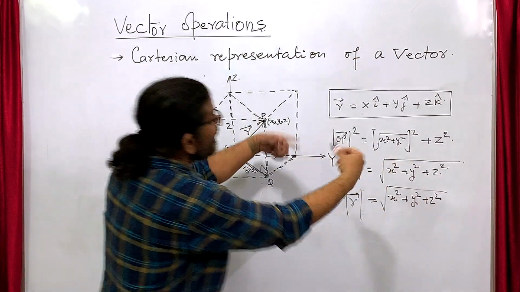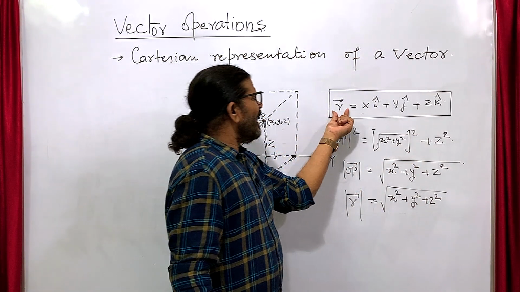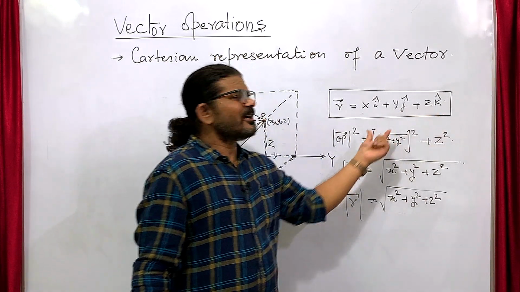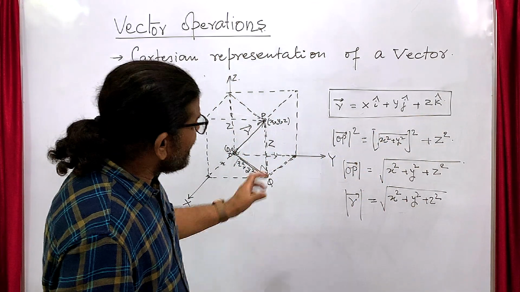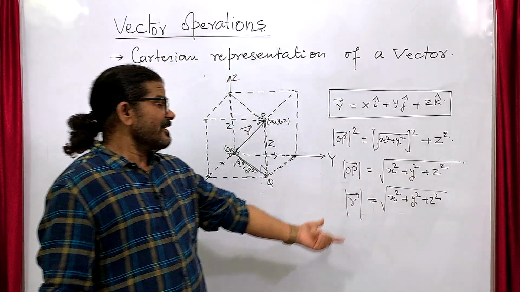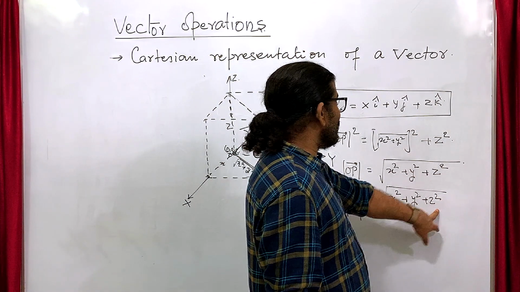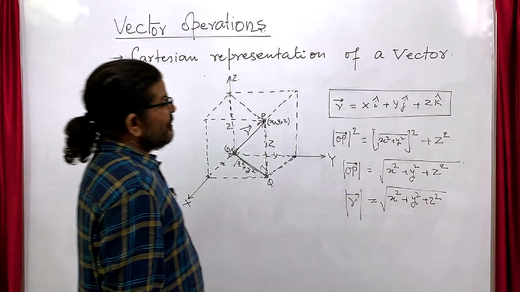From now onward we will write this directly: if the vector r is given in terms of its x, y, z components, then its magnitude is the square root of x square plus y square plus z square.